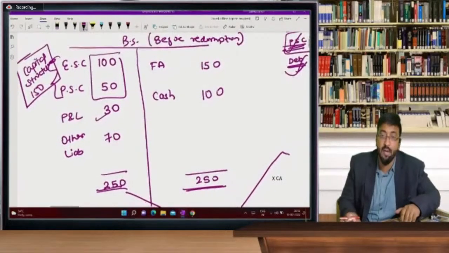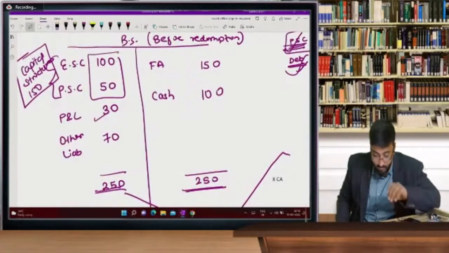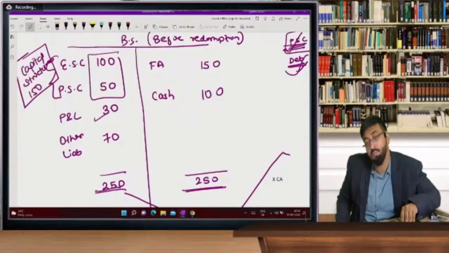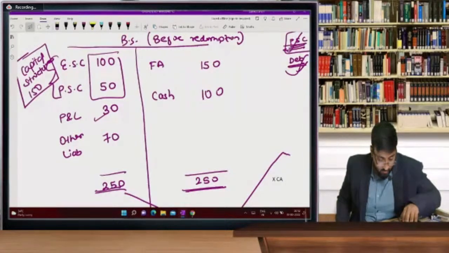Tell me over after writing this, balance sheet before redemption.